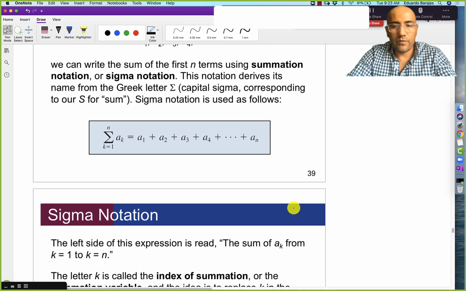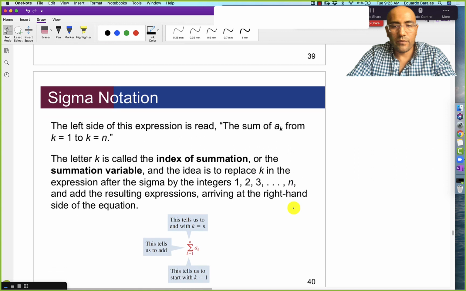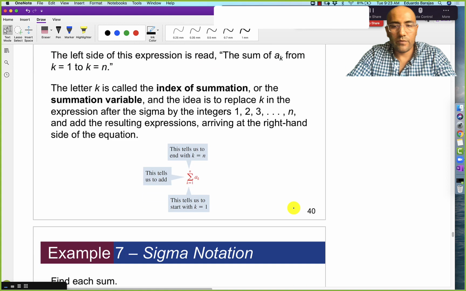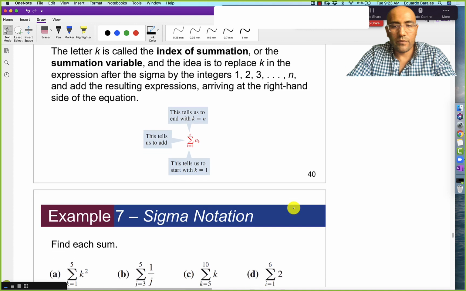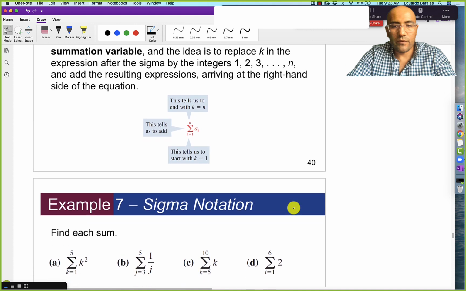Good. Okay, so the left side of this expression is read as the sum of a sub k from k equals 1 to k equals n. The letter k is called the index of the summation, or the summation variable, and the idea is to replace k in the expression after the sigma by the integers 1, 2, 3, all the way out to n, and then add the resulting expressions, arriving at the right-hand side of the equation.